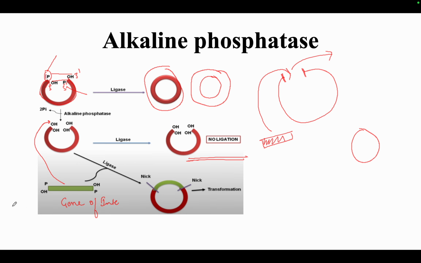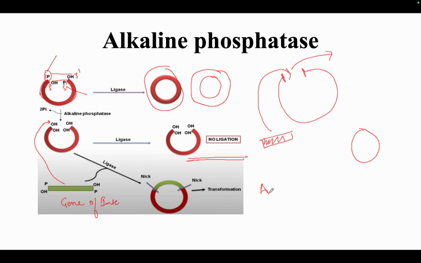So this is why we use alkaline phosphatases. So the 5' end will be completely removed. The 5' phosphate is removed so that there won't be self ligation of the vector.